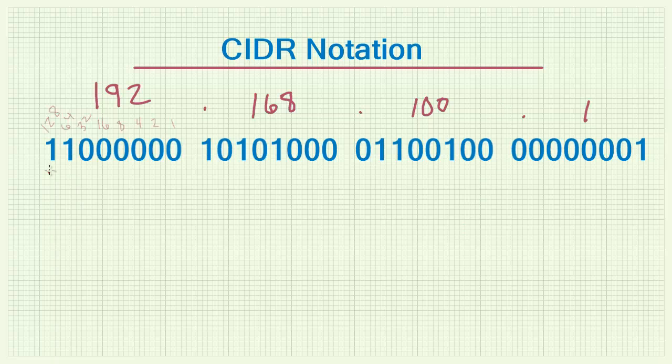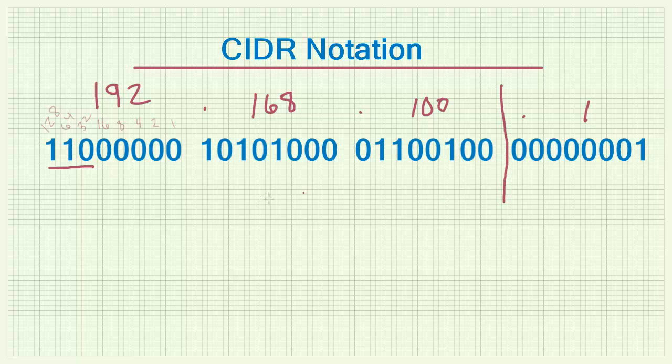Now, if we look right here, we remember from our previous presentations that Class C addresses begin with 110. So if we examine the first 3 bits of the first octet and we see 110, we know that this is going to be a Class C address, and that tells us that the dividing line between network and host is going to be right here.